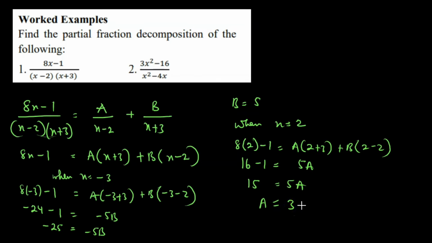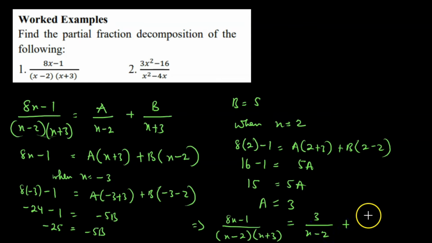So we've been able to get the values of a and b. Therefore, this implies that our function, which was 8x minus 1 divided by bracket x minus 2 and then x plus 3, the partial fraction is supposed to be 3 on x minus 2 plus 5 on x plus 3.